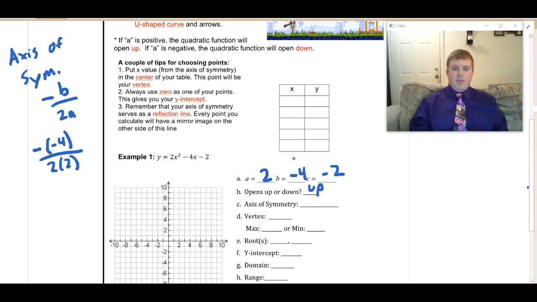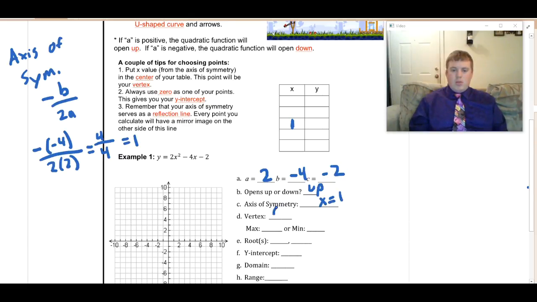I'm just pulling our a and b values from what we've talked about over here. When we simplify this, a negative negative gives us a positive, and on the bottom we have 2 times 2, which is 4. So I simplify this and I get 1. My first value that I'm going to plug in the center of the table is 1, and my axis of symmetry I can fill in is x equals 1.